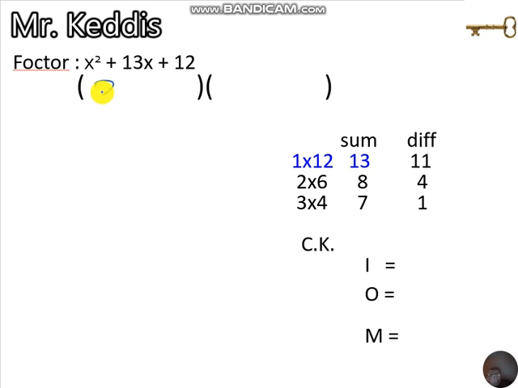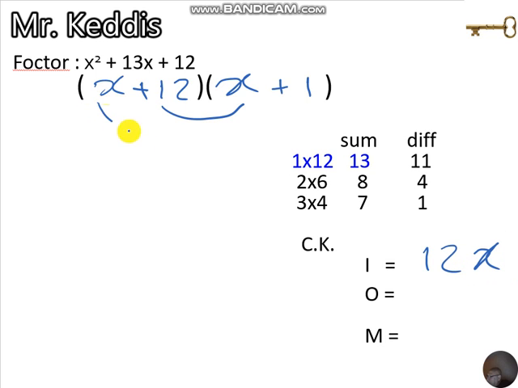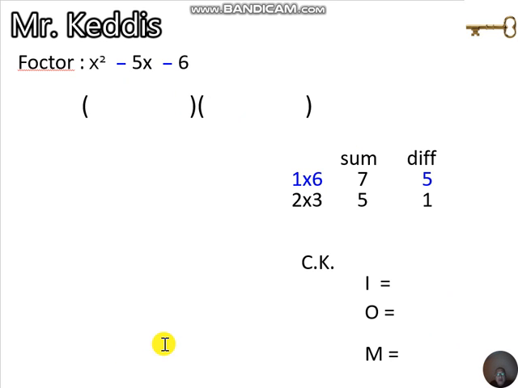That means 12 and 1, or 1 and 12. The inner product here is 12x. The outer product here is 1x. If I combine them, I get positive 1 plus 12, I get 13x. This is positive 13, here positive 13, my answer is correct. We'll move to the next one.